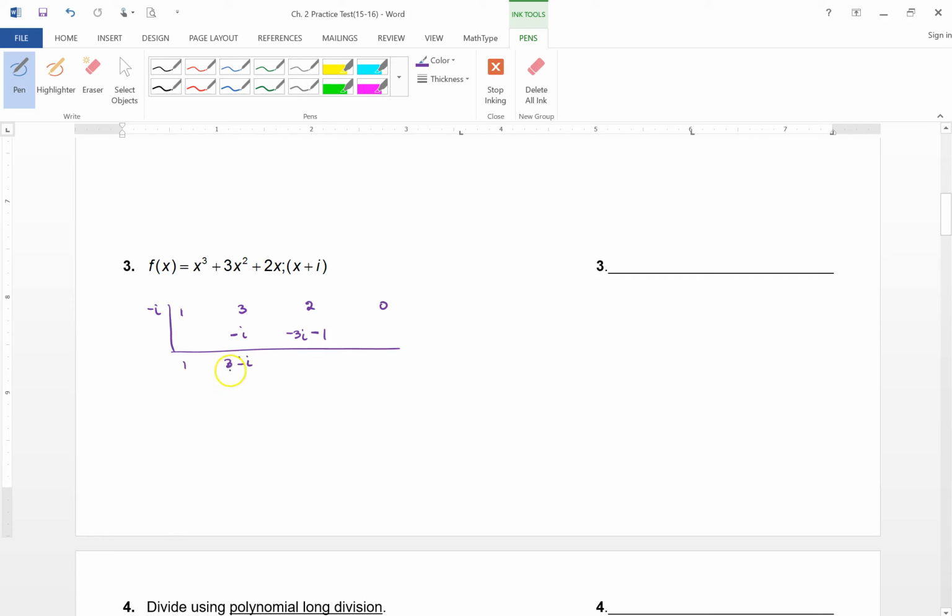Okay, so -i times 3 is -3i, right? -i times -i is positive i squared, which is -1. Okay? So now we're going to get -3i plus 1. And when you multiply, what does that give you? -i times 1 is -i.